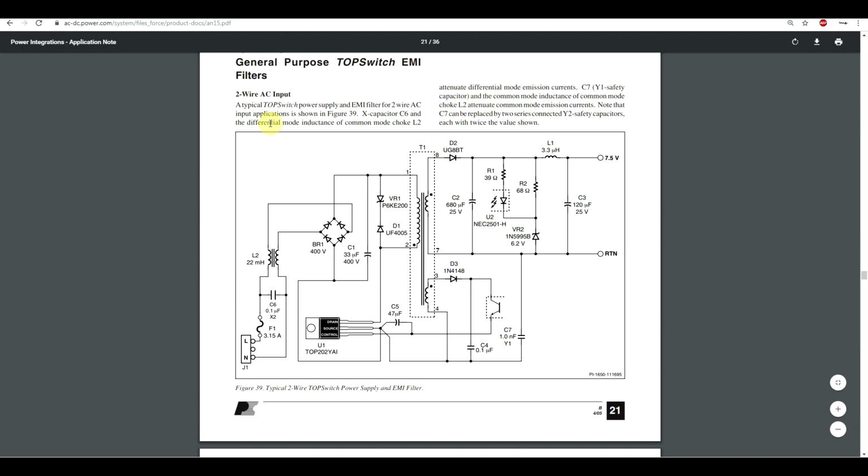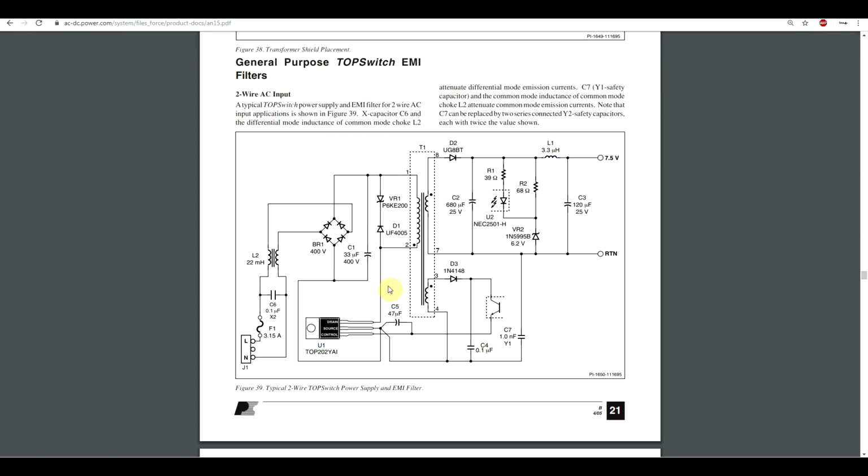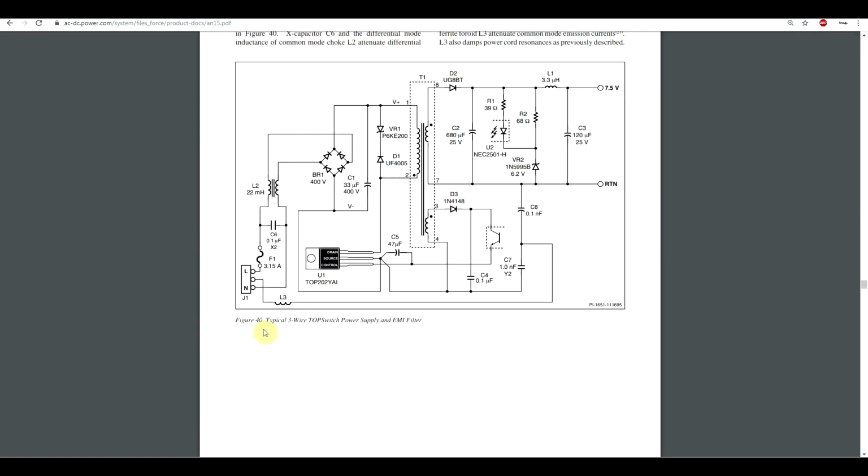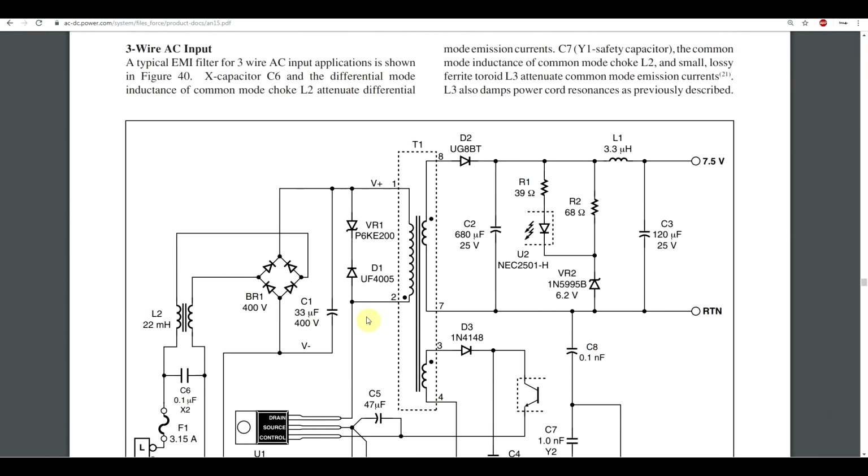Now this document is great not just because it covers switching supplies, but because it covers flyback type of switching supplies, the exact type of supply that my laboratory power supply is. So here they're giving an example in which 2 wires are used to supply the circuitry, but we're more interested in something like this.